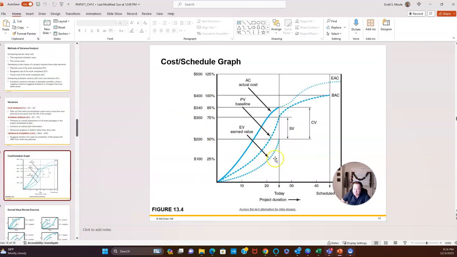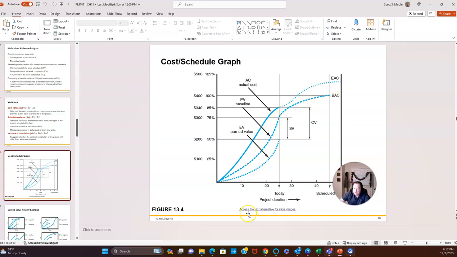Then you can cycle that into nice, pretty graphs. And this is kind of an eye chart, so I'll see if I can explain it to you. So your planned value baseline, your PV baseline, at the beginning of the project, this is the value of the items that you thought you were going to be delivering throughout the project.